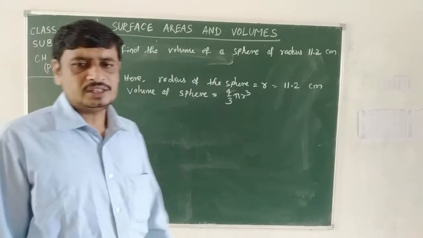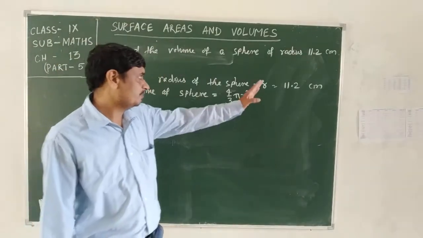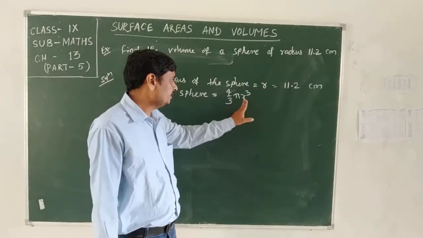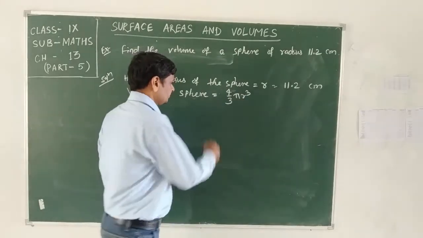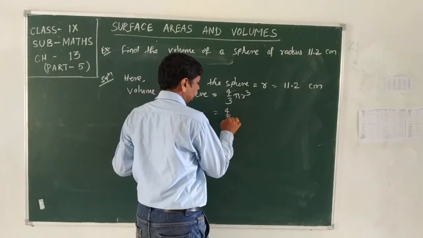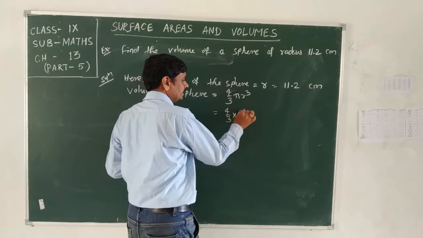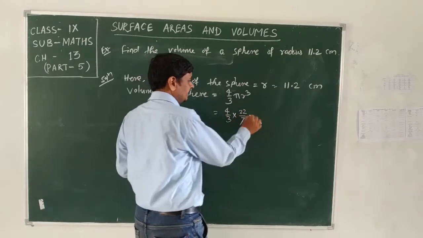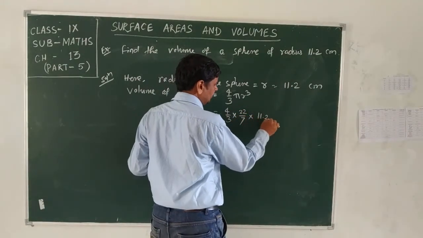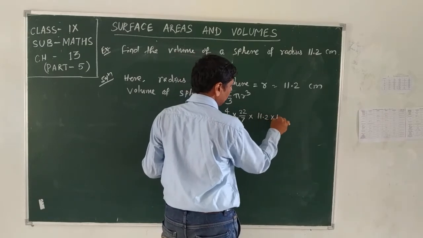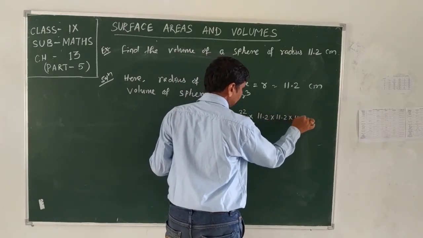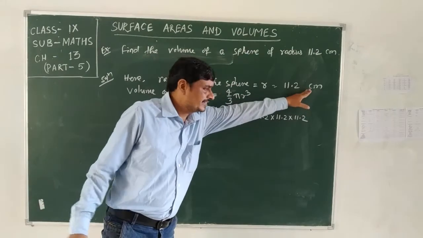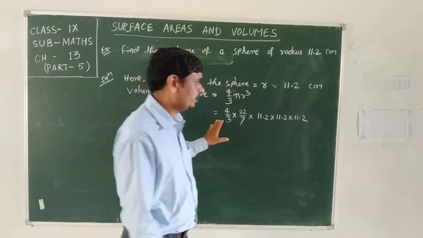Now we can put the value of radius as 11.2 cm in place of this r. This 4 by 3, value of pi is taken as 22 by 7, into r cube, which is 11.2 into 11.2 into 11.2. Since it is cm, the unit of this volume will be cm cube.